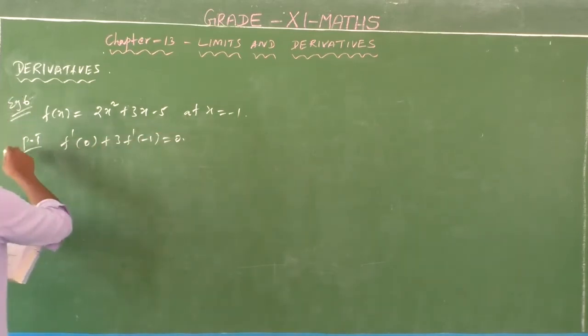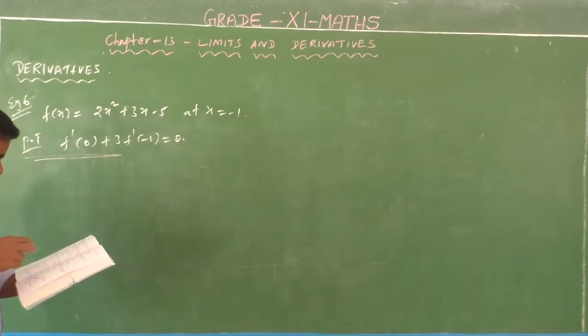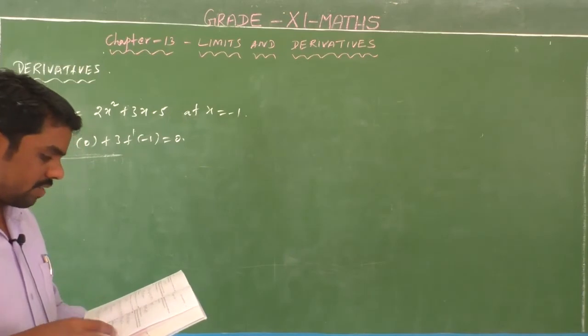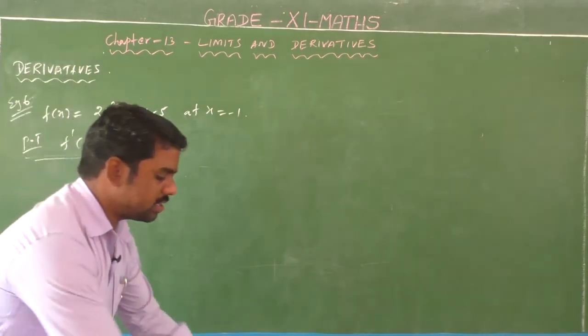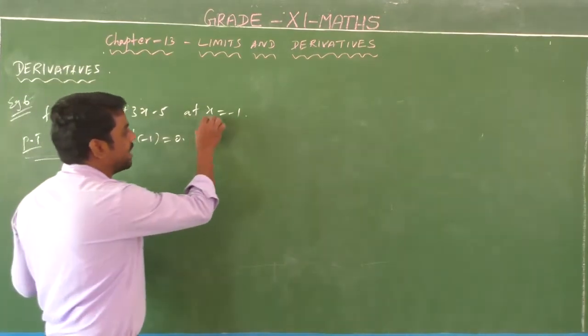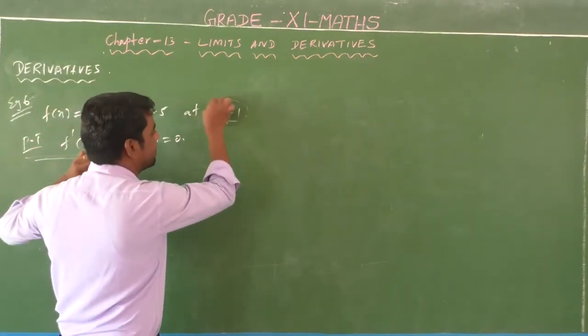We need to prove f dash of 0 plus 3 f dash of minus 1 is equal to 0. Listen students, first find f dash of minus 1. So find the derivative of this function f of x at x equal to minus 1.